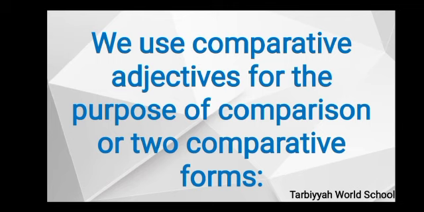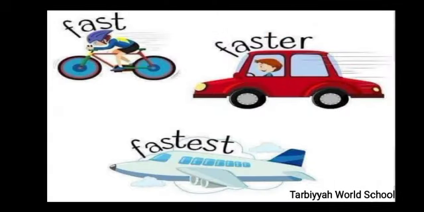Now see, we use comparative adjectives for the purpose of comparison. See, there are three things: fast, faster, and fastest. See the first one, fast.